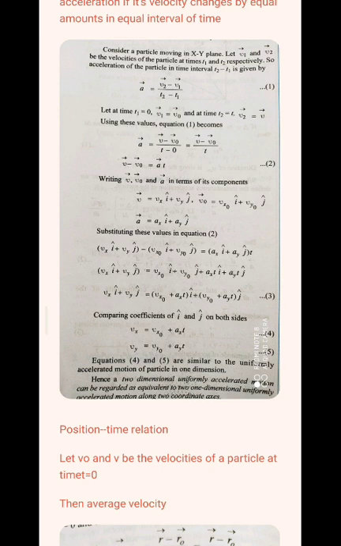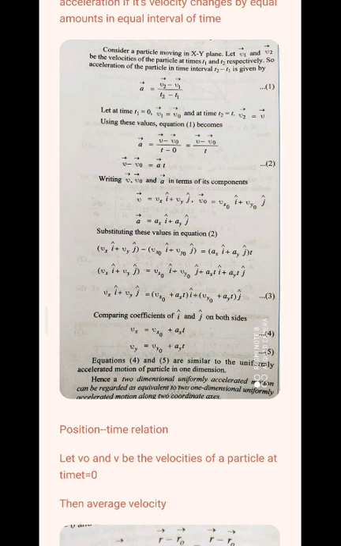vx i cap plus vy j cap minus vx naught i cap plus vy naught j cap equals ax i cap plus ay j cap into t. You remember, instead of a single velocity we write two components, one along the x-axis and one along the y-axis, in all three quantities, that is v, v naught and a.